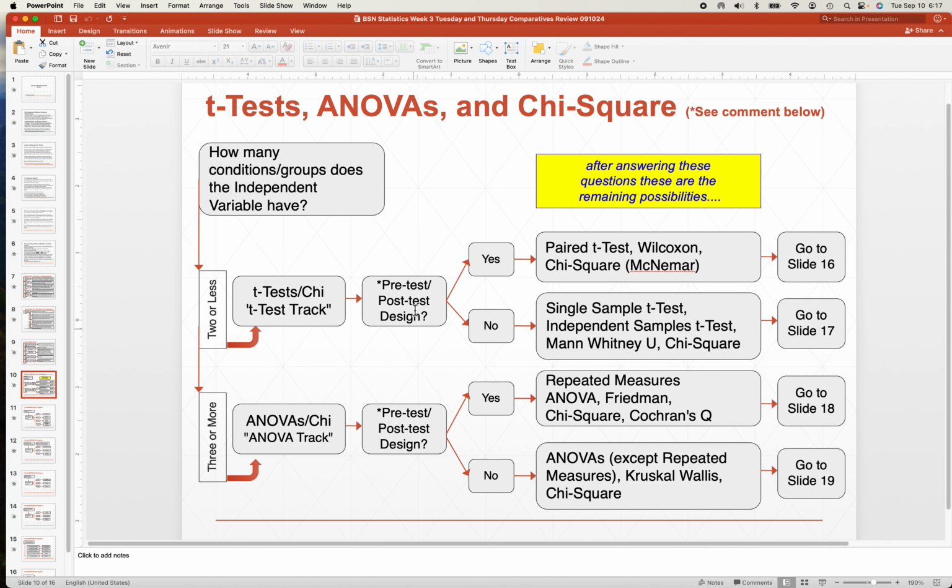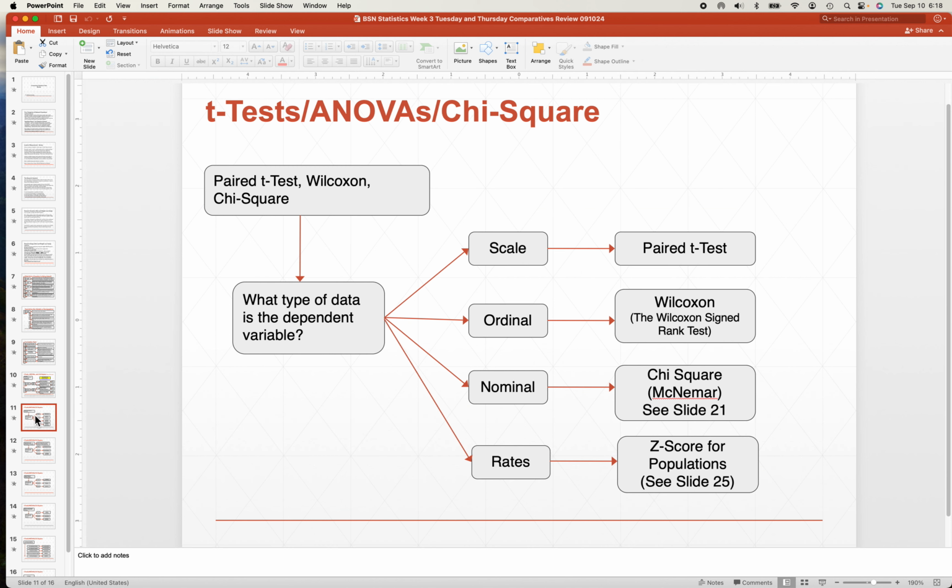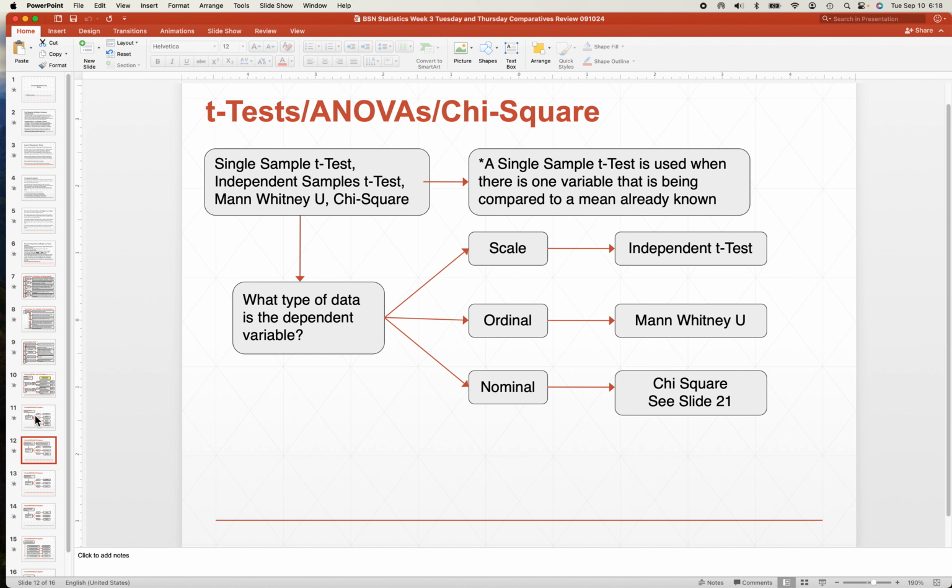The next question, is it a pre-test, post-test design? We already said no. We're basically studying 2 independent groups. This brings us to only a few tests left. The single sample t-test, the independent samples t-test, the Mann-Whitney U, or the chi-square. And we referred on to slide 17. So it's not a paired t-test. Those tests come here. This is the slide we would go to.